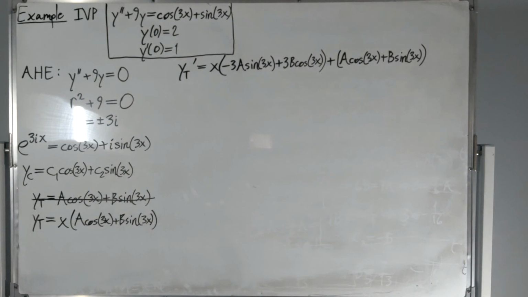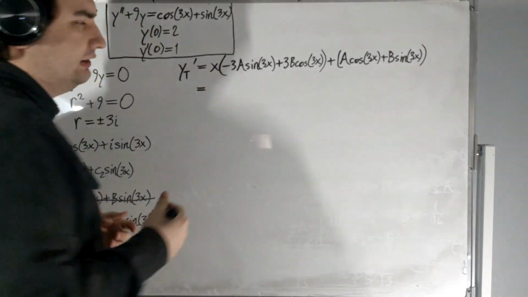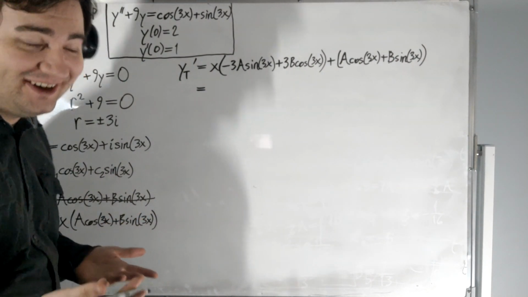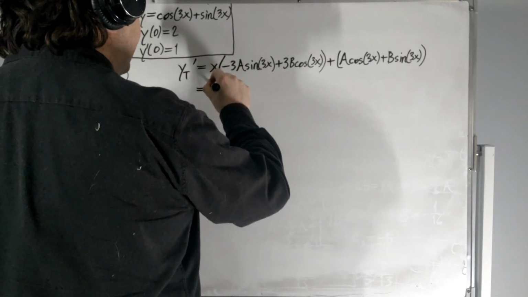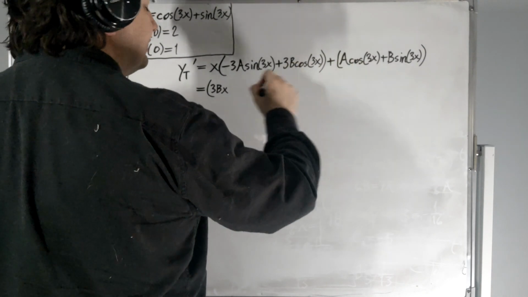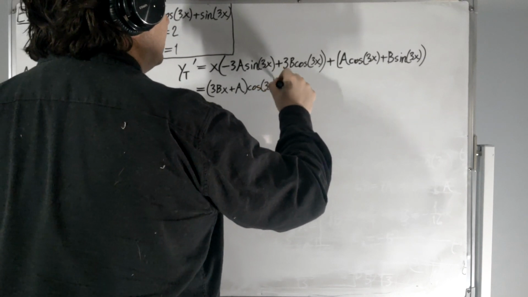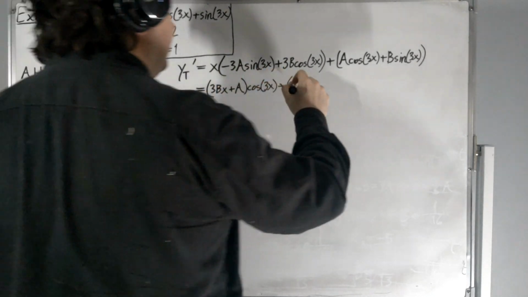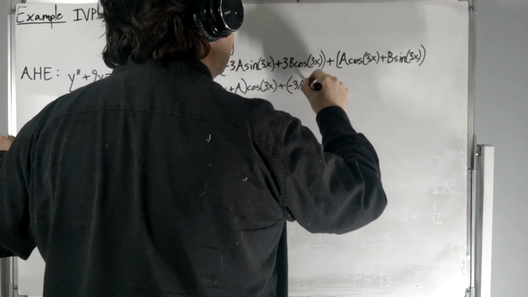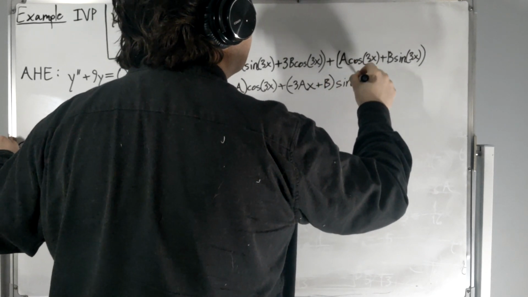Okay, and then to make our lives a little bit easier, I mean make the second derivative easier, we can simplify this. Let's see here. We have 3bx plus a times cosine of 3x plus negative 3ax plus b sine of 3x.